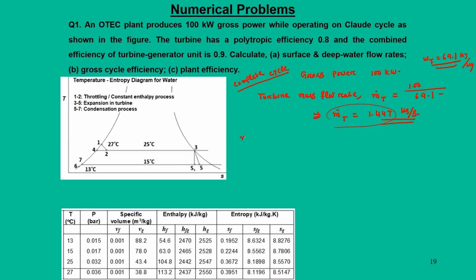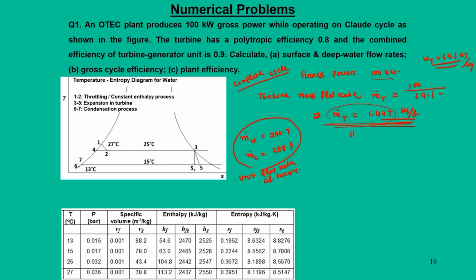Then we have already calculated m dot W as 290.7 and the m dot cold water rate as 288.9, and this is based on unit flow rate of turbine. So, we already found that the mass flow rate in the turbine to generate this gross power is 1.447 kg per second.